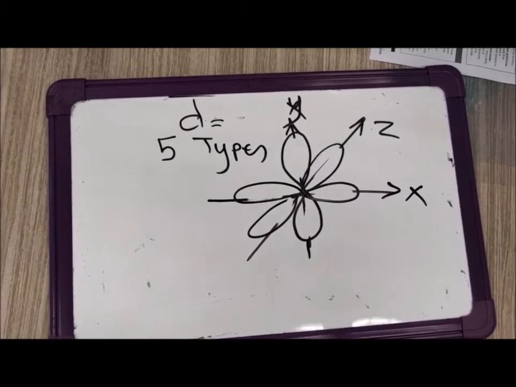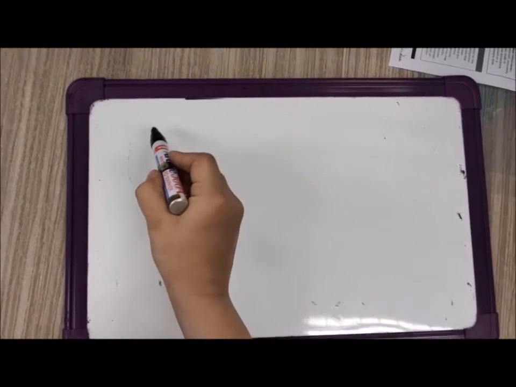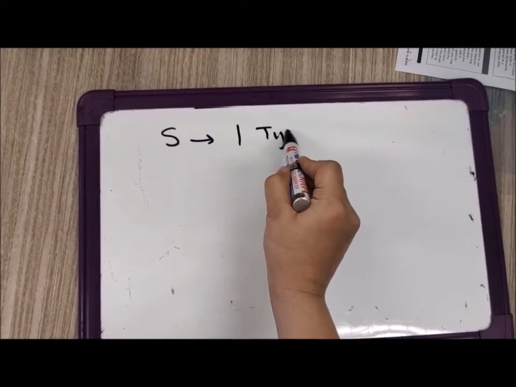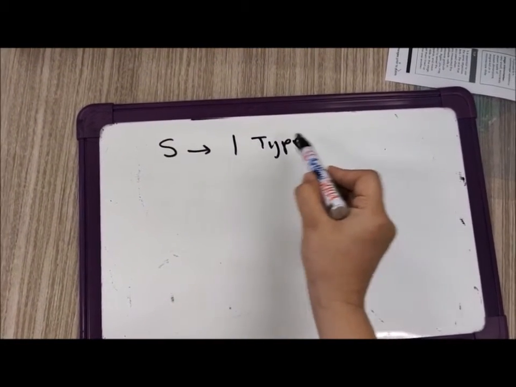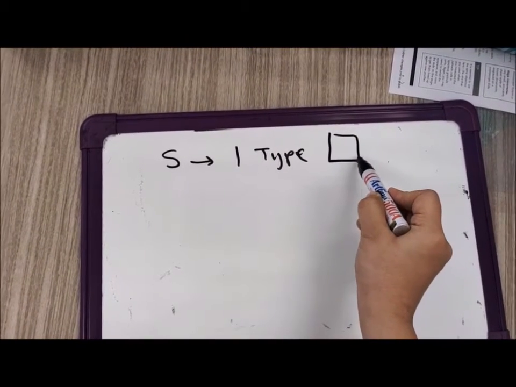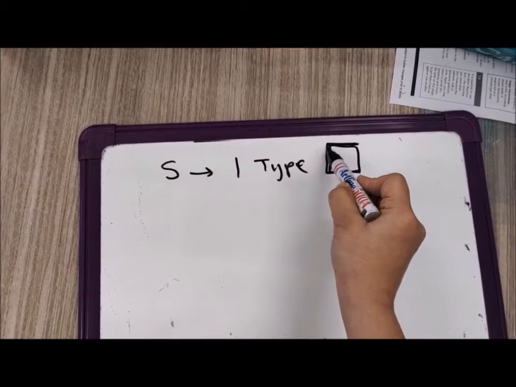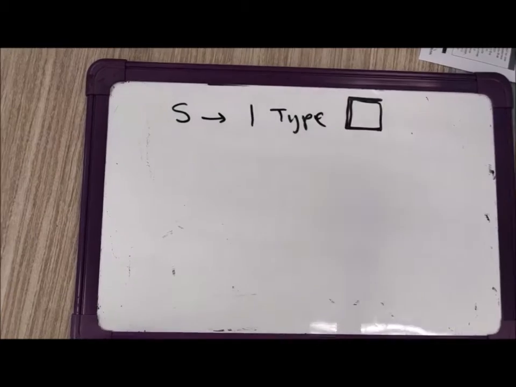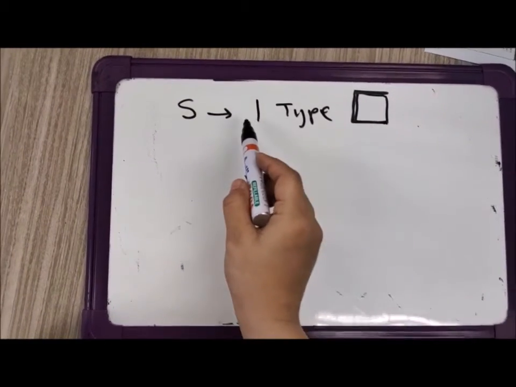So, to make it easy to understand, the S orbital is only 1 type. We can show the S orbital by a box like this, and we put the electron inside it. So it has one square box like this.